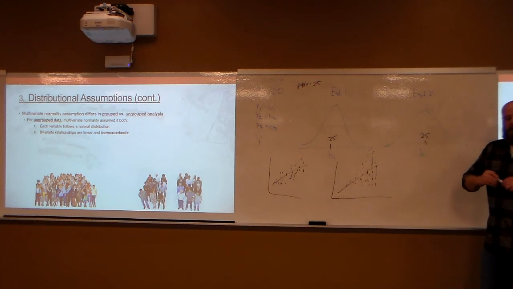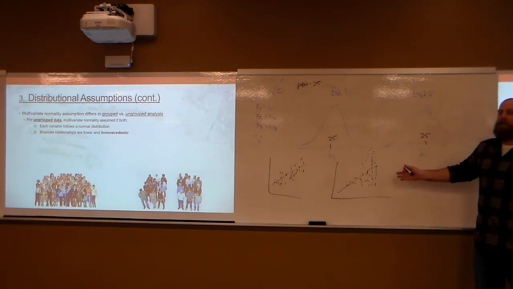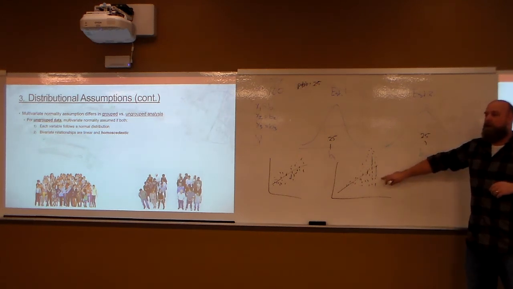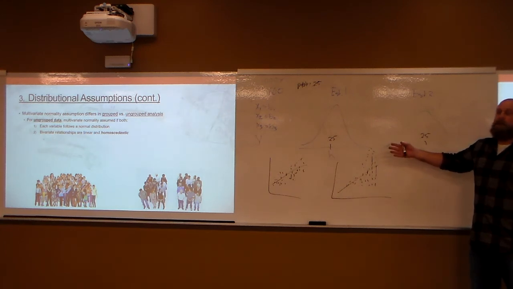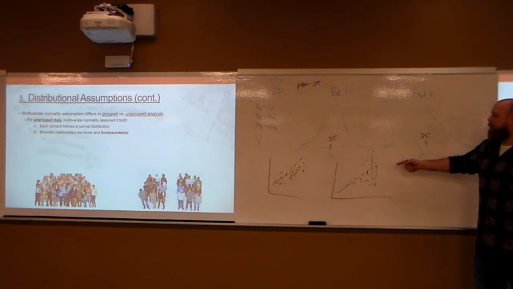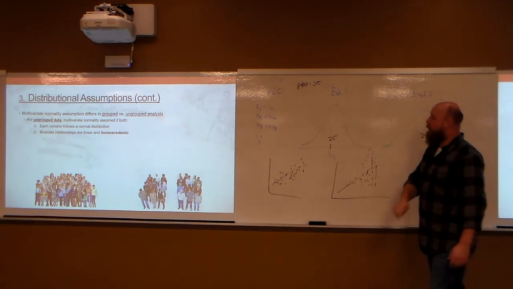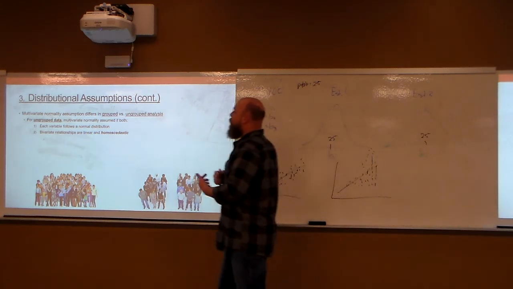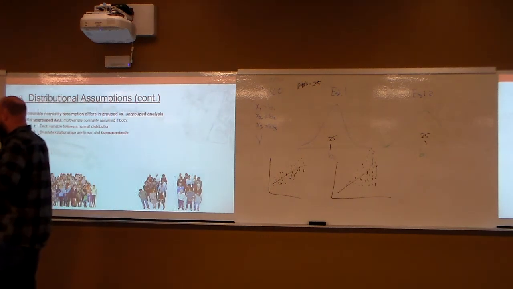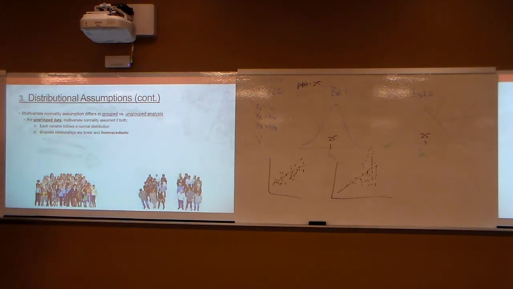What I'm saying is as X increases, variance in my Y increases. There I have a violation of homoscedasticity, or homogeneity of variance, right? So as long as each one of my variables follows a normal distribution and they're linear and homoscedastic, I'm going to assume that I've generally met criteria for multivariate normality.